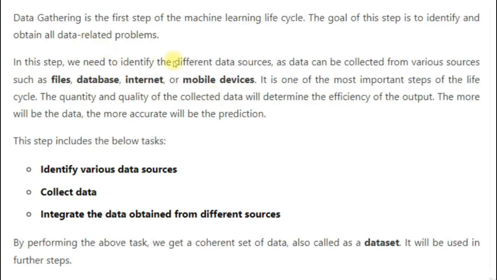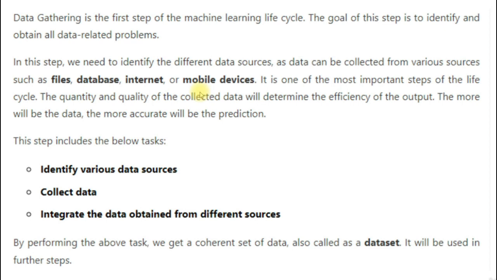Data gathering is the first step of the machine learning life cycle. The goal of this step is to identify and obtain all data related to the problem. In this step, we need to identify the different data sources, as data can be collected from various sources such as files, databases, the internet, or mobile devices.